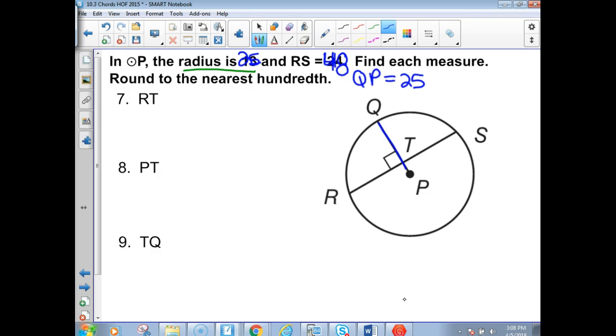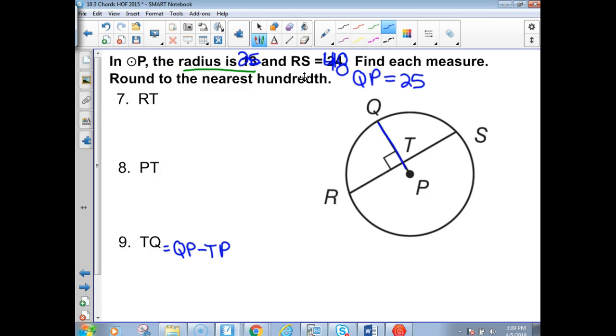We'll need to know that for finding T to Q. If you want to know T to Q, it's going to be QP minus TP. So I'm probably going to have to figure out TP, and that's this right here. All right, so here we go. You've got RS is 48. So how big is RT?